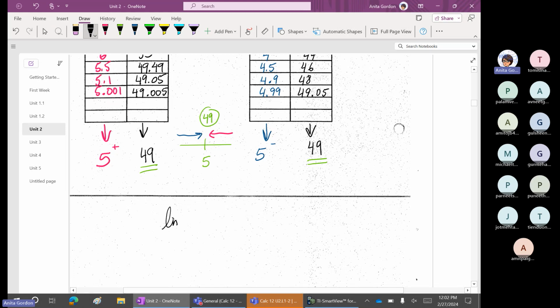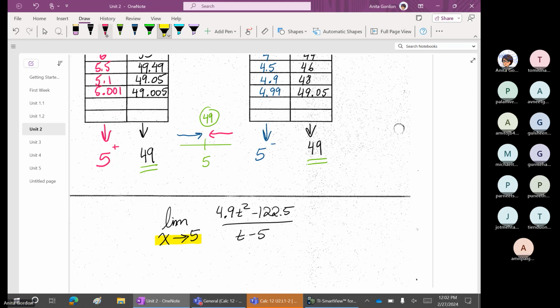The limit as t approaches 5 of 4.9t squared minus 122.5 over t minus 5. So as t approaches 5, for this equation, the result is 49.